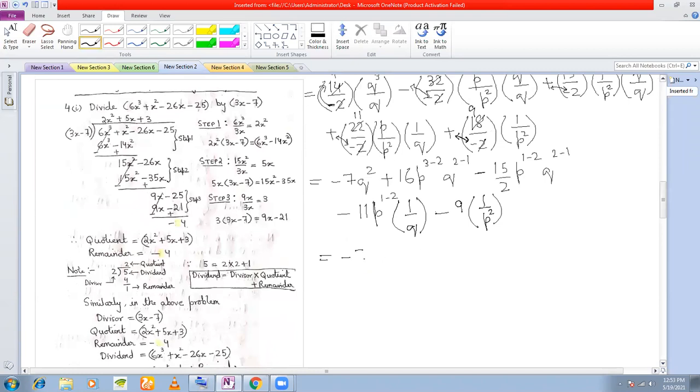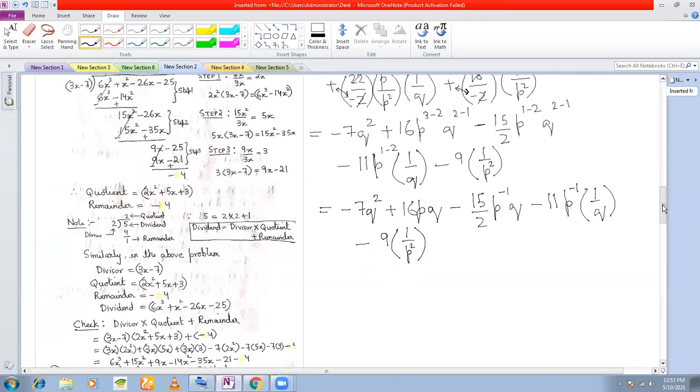You have minus 7q² plus 16 times p. 3 minus 2 is 1, so p to the power of 1, and here q to the power of 1, minus 15 by 2, p to the power of minus 1, q to the power of 1, minus 11, you have p to the power of minus 1 into 1 by q, minus 9 into 1 by p².